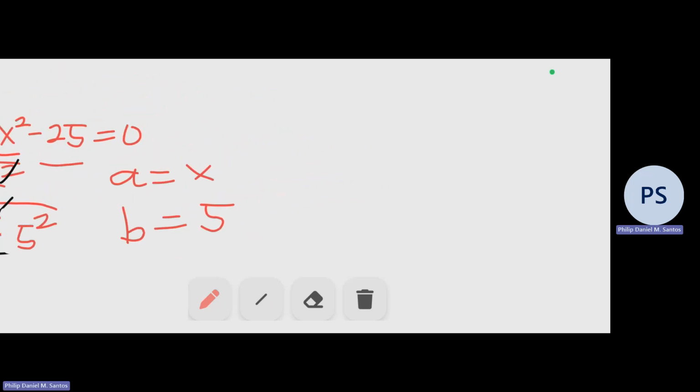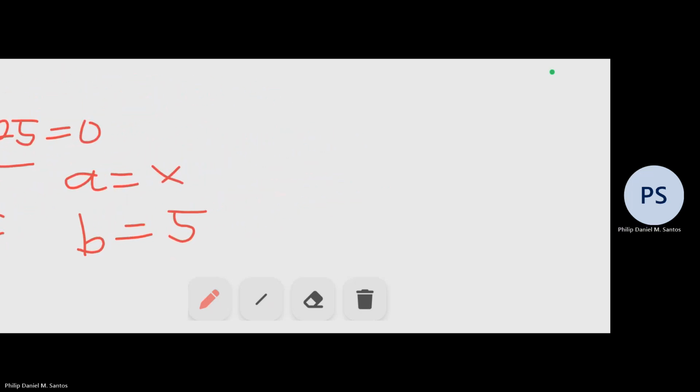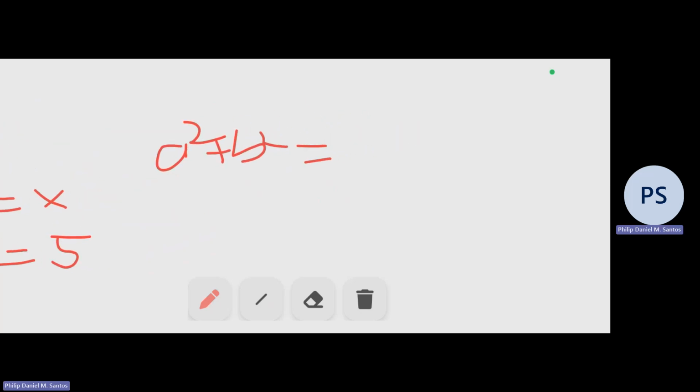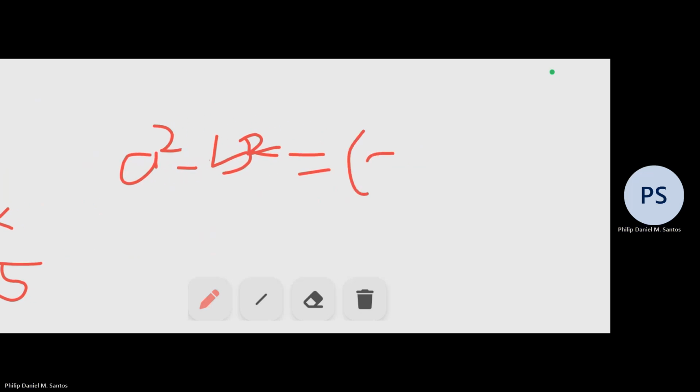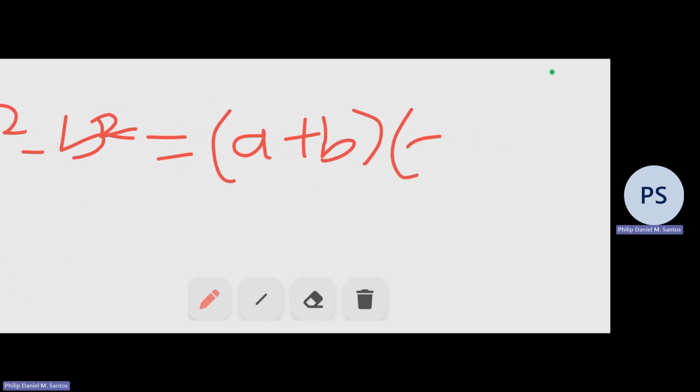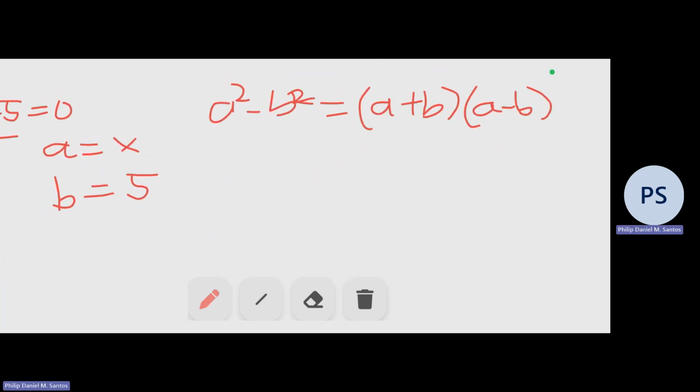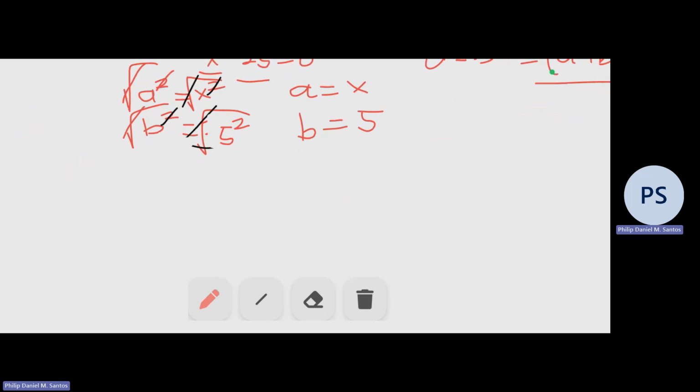Ano yung formula kanina? A squared minus B squared equals A plus B times A minus B. So, just gotta write this.